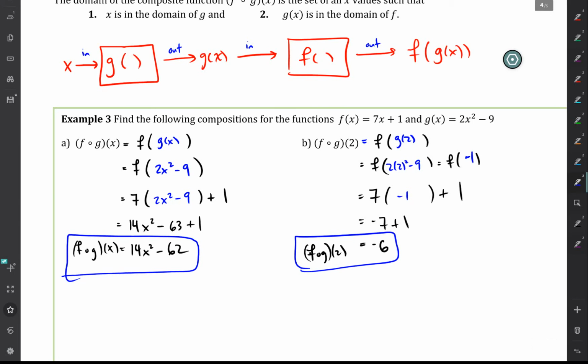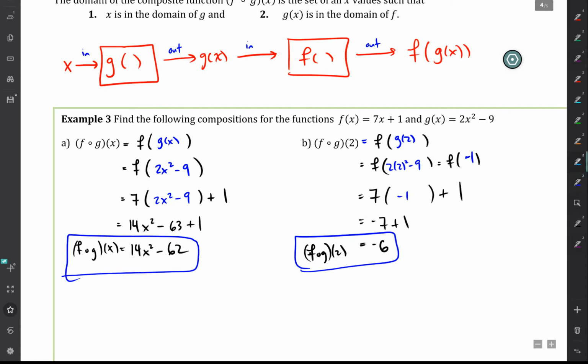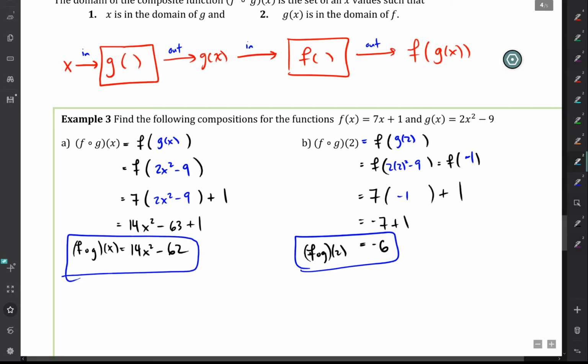And you might be wondering, couldn't we have just stuck 2 into 14x squared minus 62? And the answer is yes. So let's just check that real quick. If you look back at what we solved for f of g of x, we could have written f of g of 2 as 14 times 2 squared minus 62.